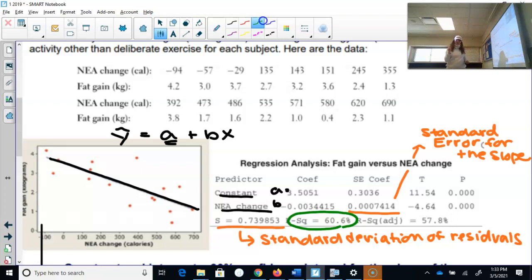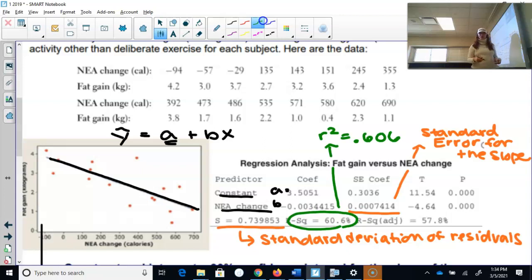Now, another question that I've seen often on released exams is what is your correlation coefficient? Well, we know that R squared is 60.6%. I'm going to rewrite that as a decimal as 0.606.